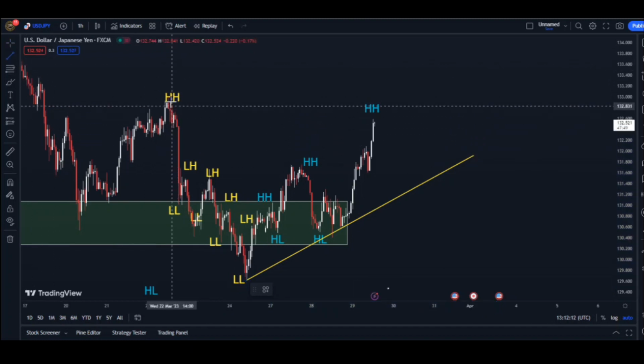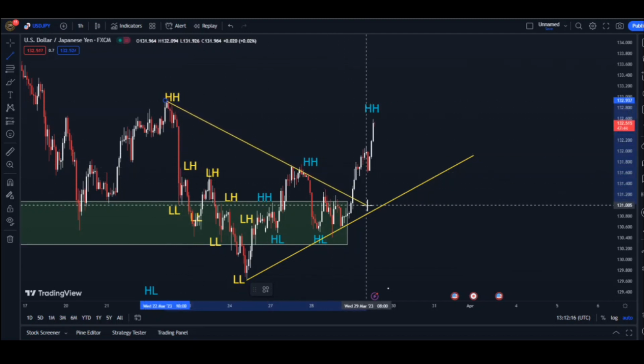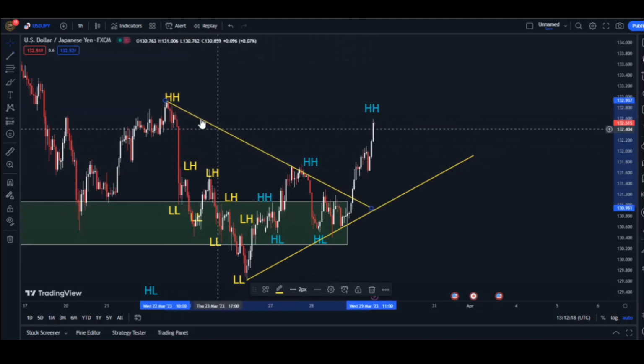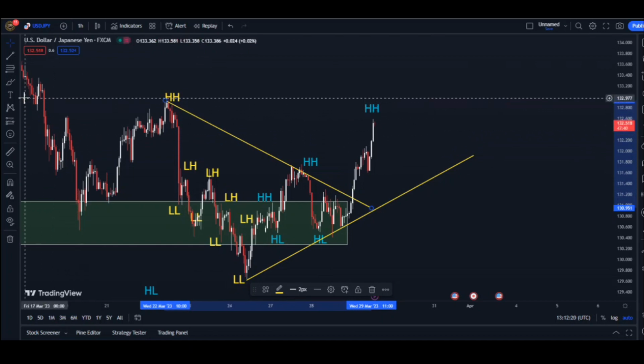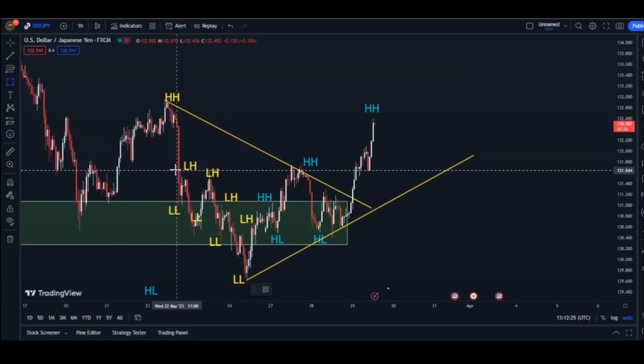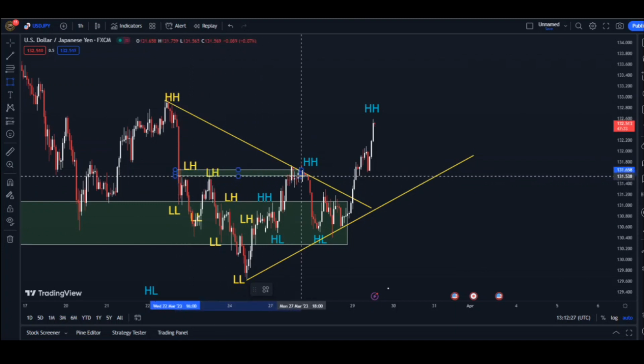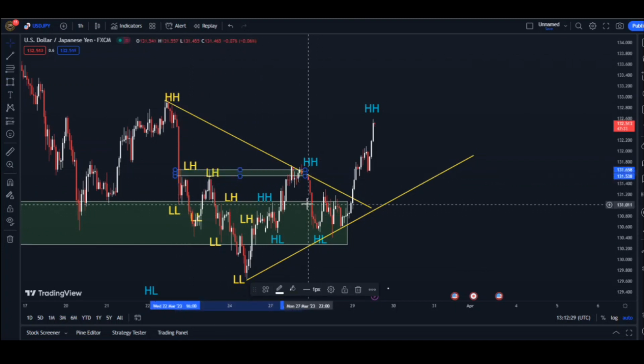So you can see, there's also a break of structure from this point of view, and then we're going to plot our resistance and support. From that, we all know that we have a resistance initially at this level, right? So we all know that as well.